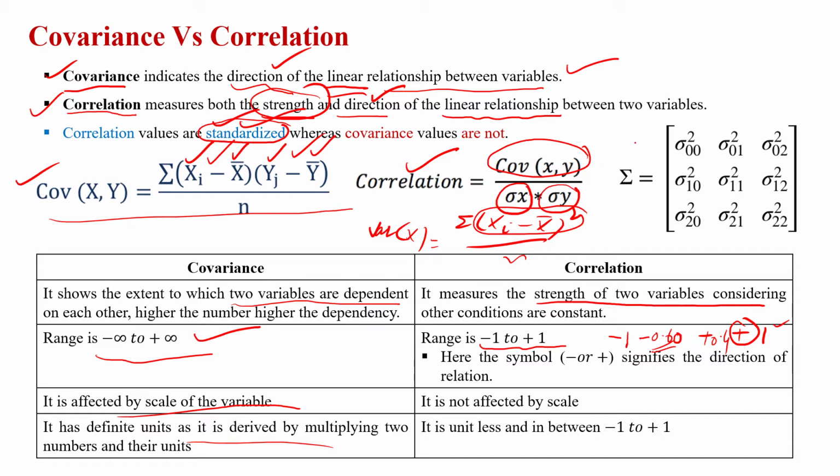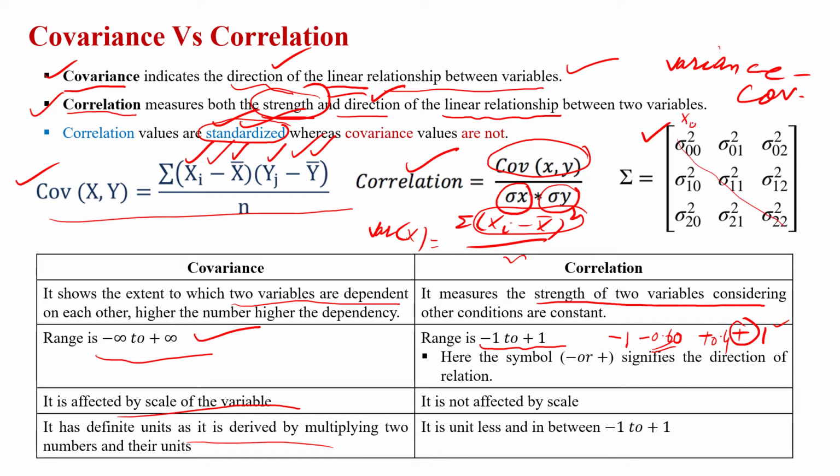If we move towards more than two variables, then we can develop a variance covariance matrix. In a variance covariance matrix, the diagonal values are the variances of the variables.